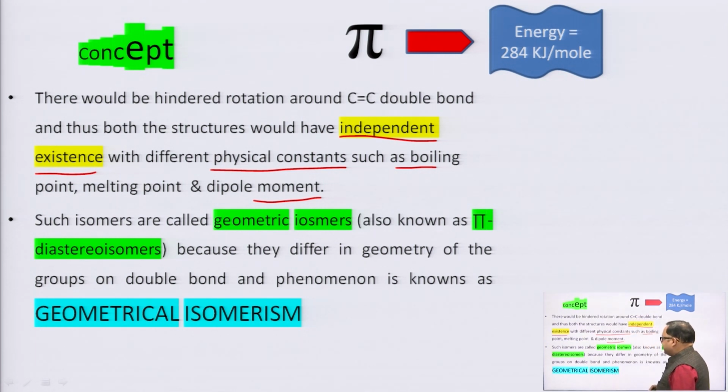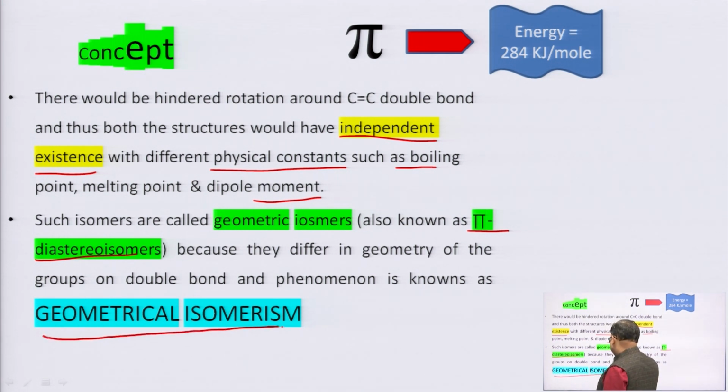And such isomers are called geometric isomers, and these geometric isomers are also known as pi diastereomers, because they differ in the geometry of the groups around the double bond.